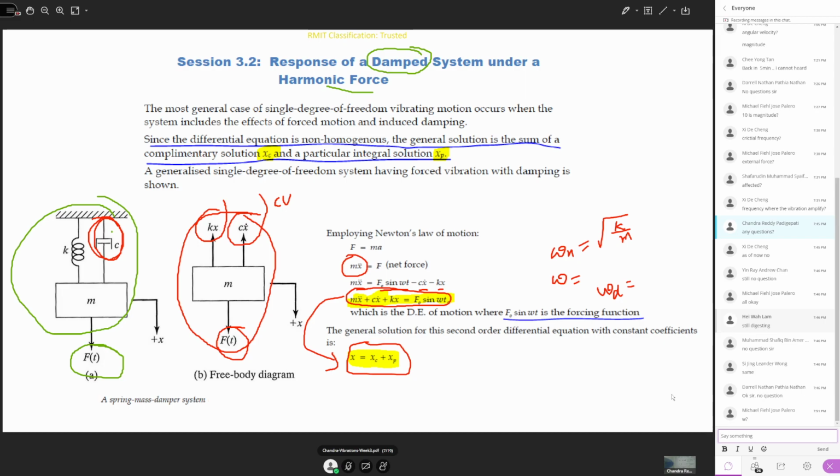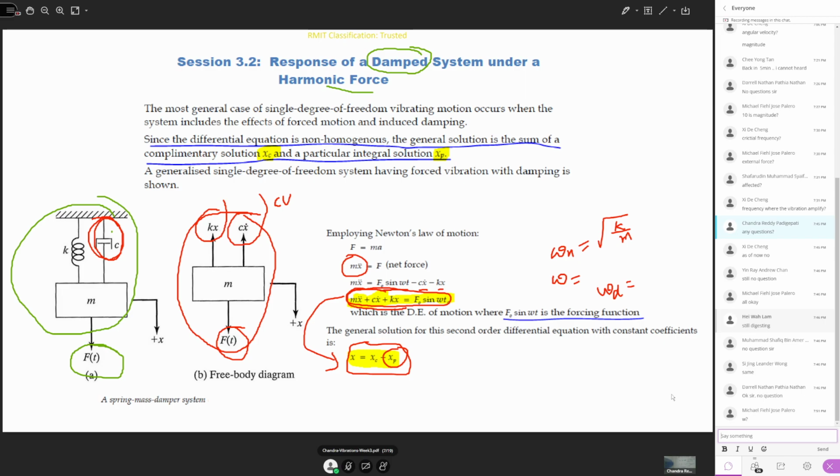Now the particular solution depends on the external force function. For xc, we know the complementary function. We have already solved the complementary function response considering the right hand side as 0.